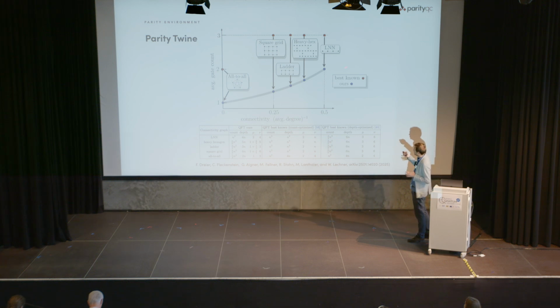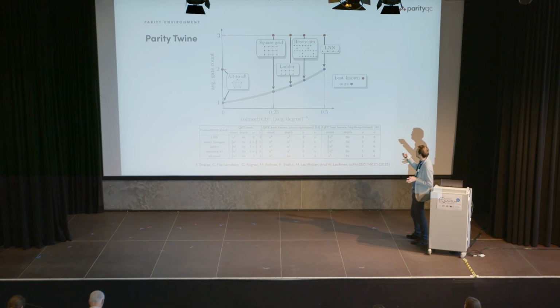What we are showing here is the average gate count for, in this case, all-to-all a problem. And the red dots are the previously best known implementations of them. And what we have achieved is that with this parity method, in particular this Parity Twine method, we were able to reduce this average gate count for every connectivity.